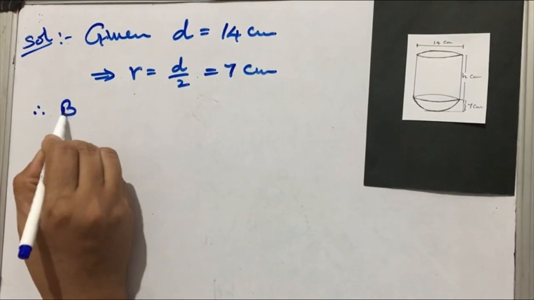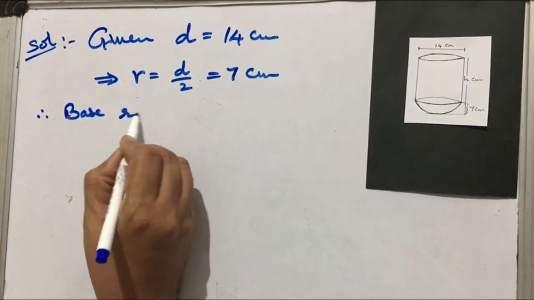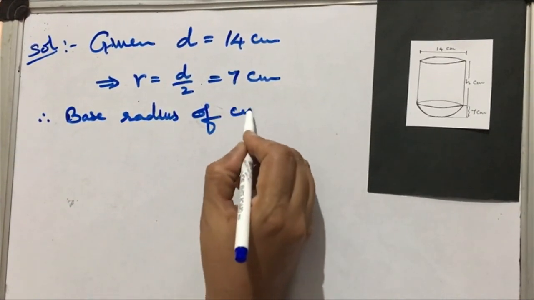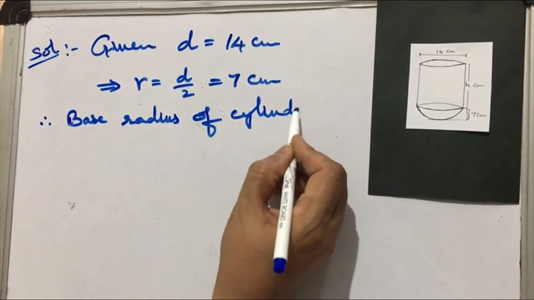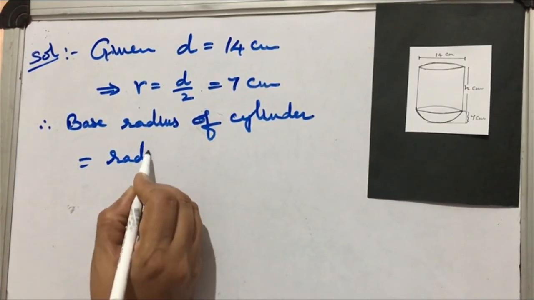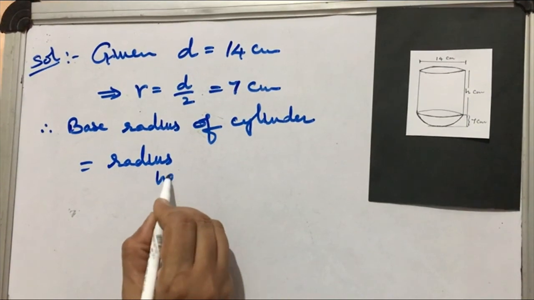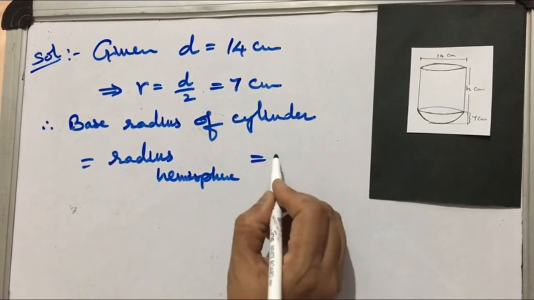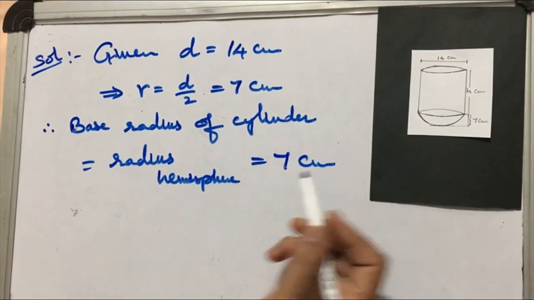Therefore, the base radius of the cylinder and the radius of the hemisphere are both the same, 7 centimeters.